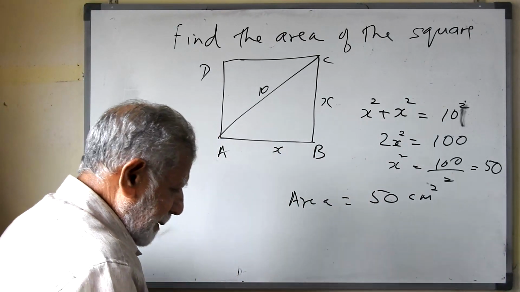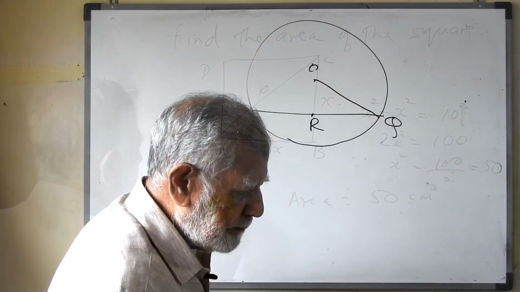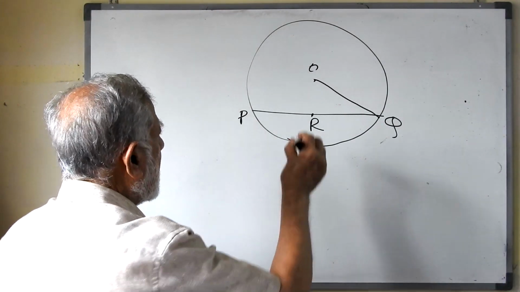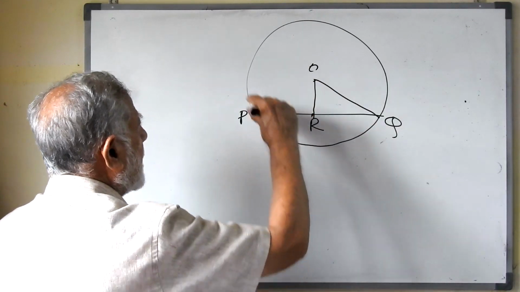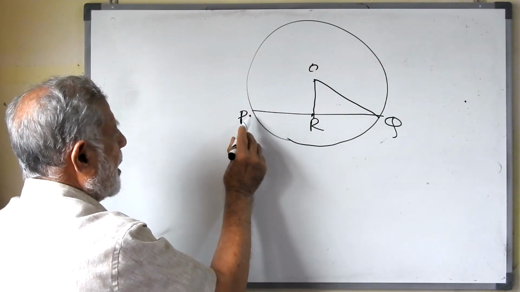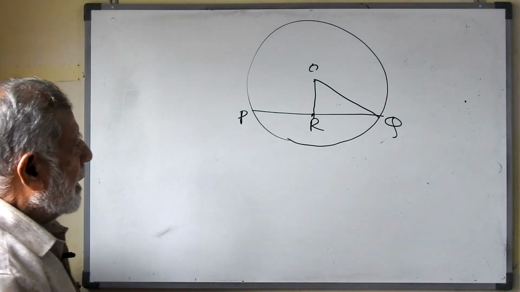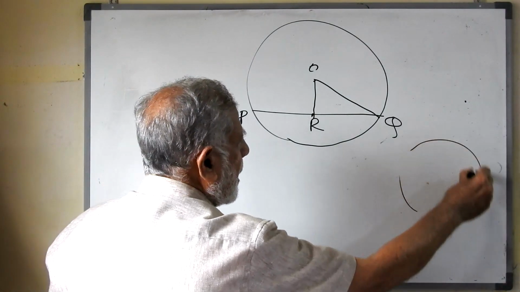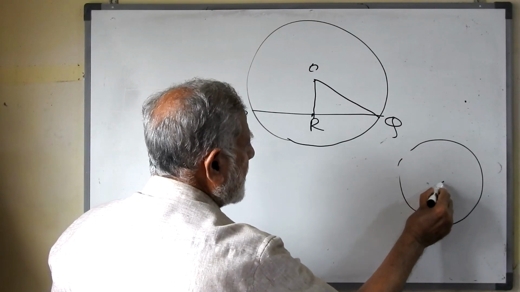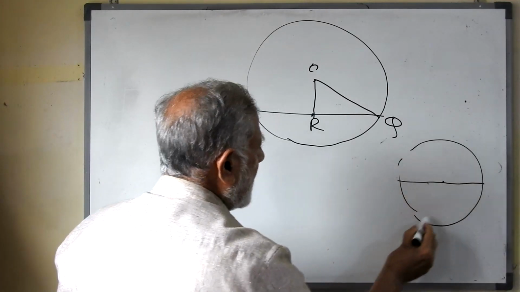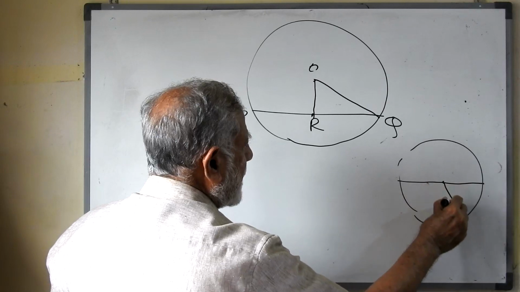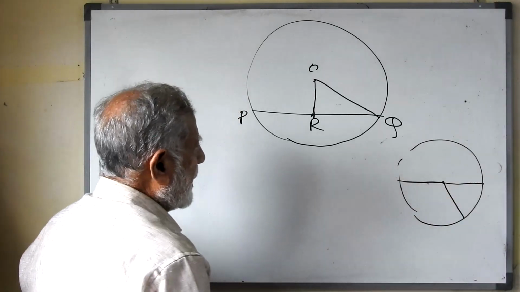We will take another example. Look at this example. Here we have a circle and a chord. We must know the parts of a circle. We have a circle like this. The line through the center is called the diameter, and any line from the center to the circumference is the radius.